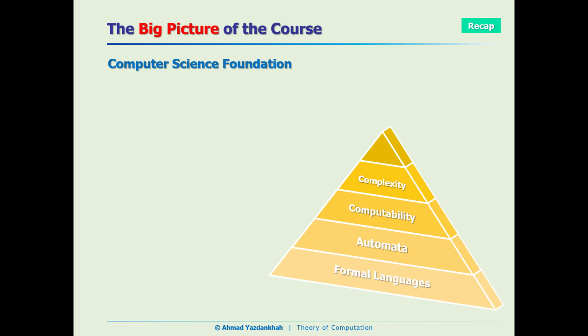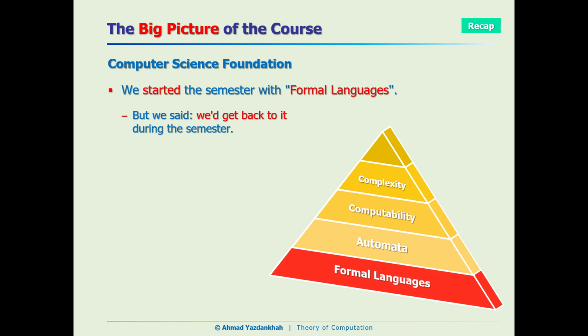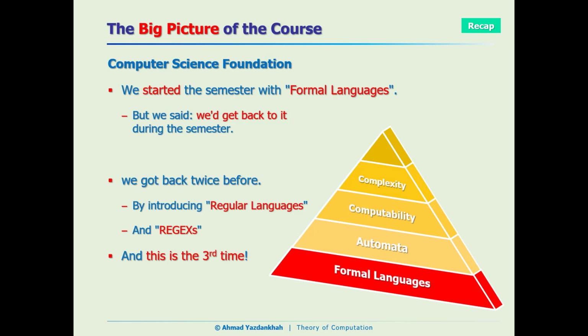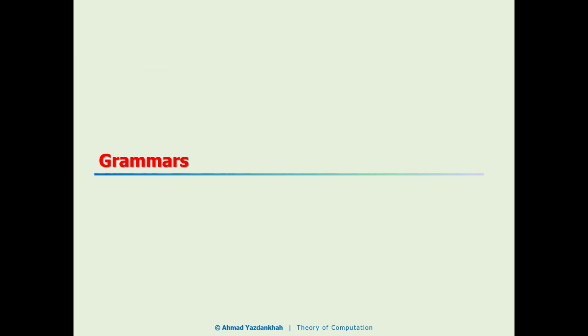And actually, we did. First time we introduced regular and non-regular languages, and second time we introduced regular expressions, and this is in fact the third time. So it means that we categorize grammars under the formal languages topic. Let's get started and see what these grammars are.